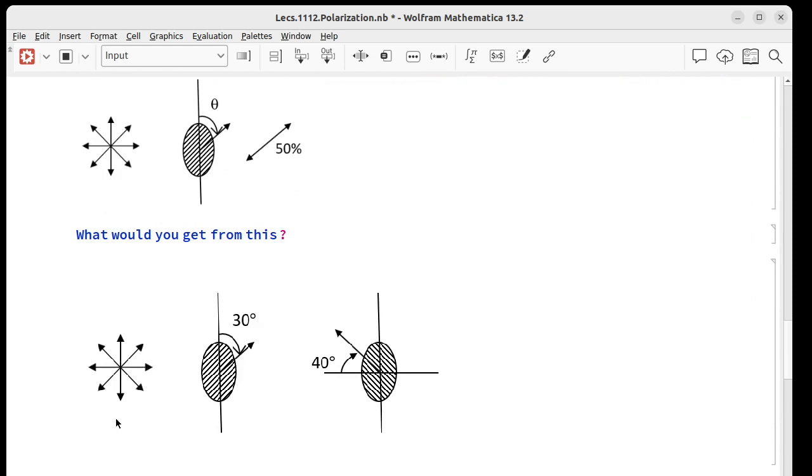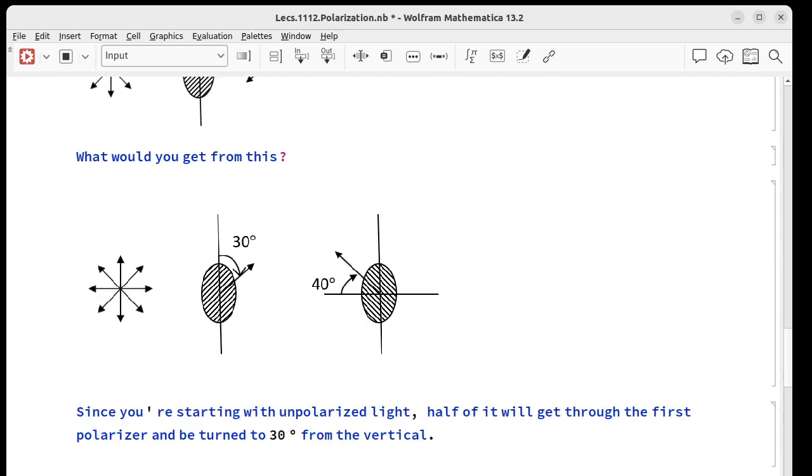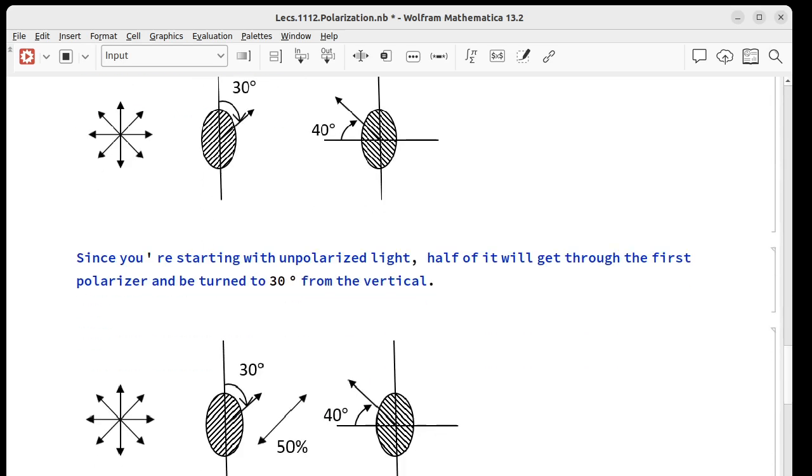So now what would we get if we did this? We have light that's unpolarized. It goes through this polarizer 30 degrees to the vertical, and then through this one that's 40 degrees to the horizontal. So we already know half of it gets through the first one, right? Because we know unpolarized through any polarizer, half of it gets through. Now this light is 30 degrees from the vertical, and what we really need to know is how far away is it from this final polarizer?